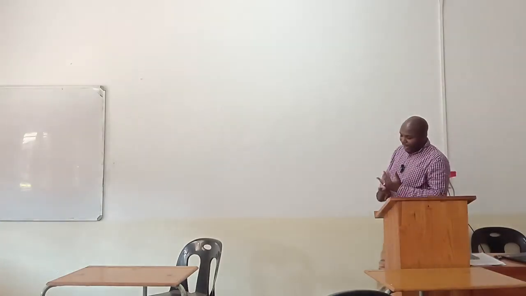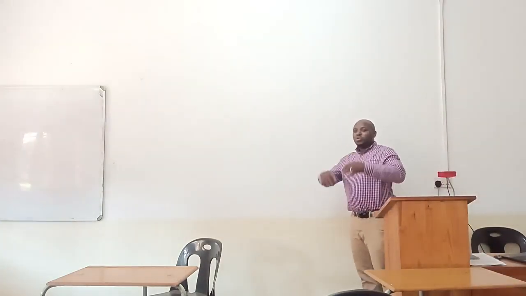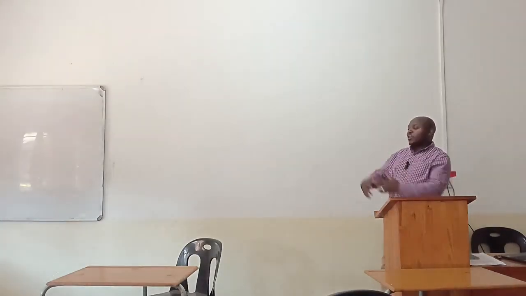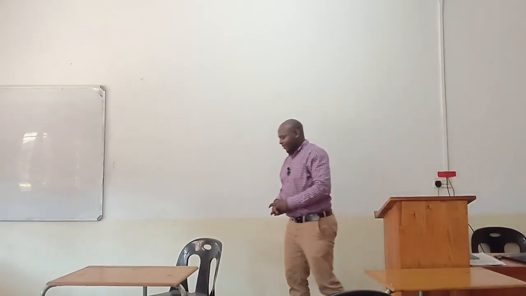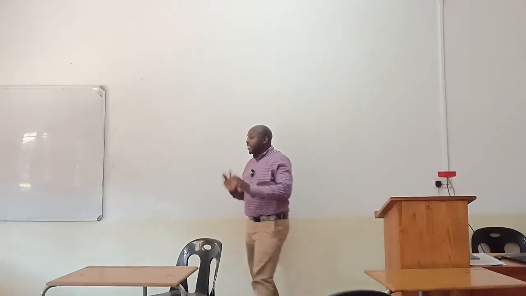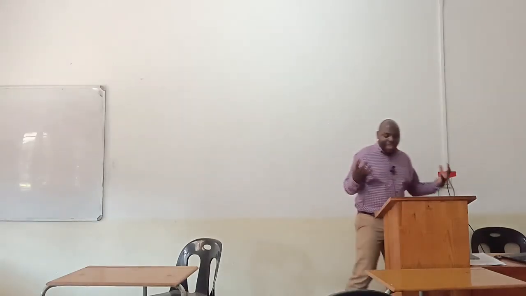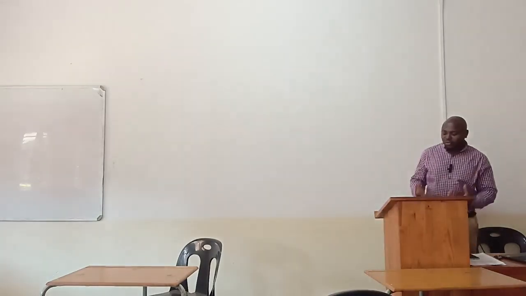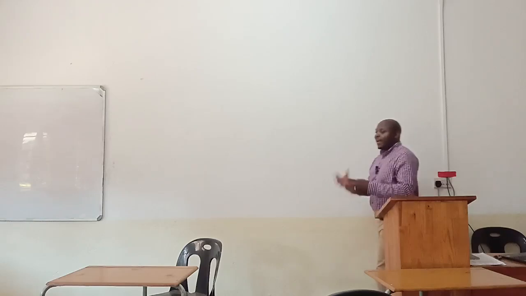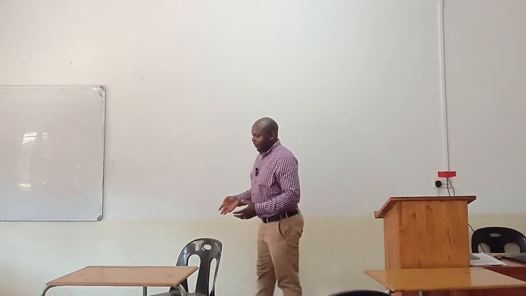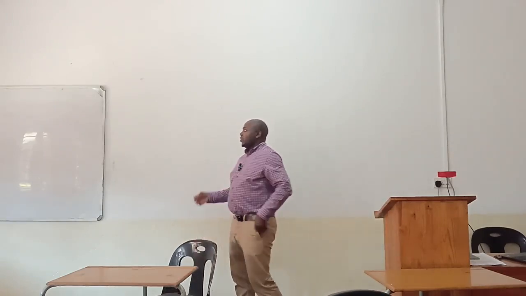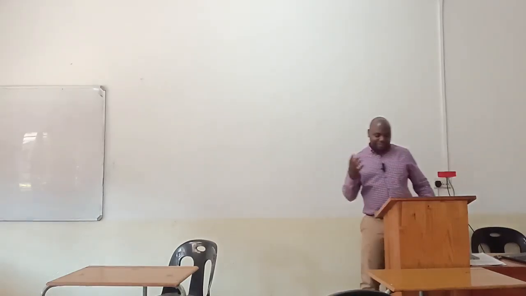Okay. So number one is to come up with solutions to problems in education. It's that easy. So the objective of educational research is to help us come up with solutions to problems encountered in education.